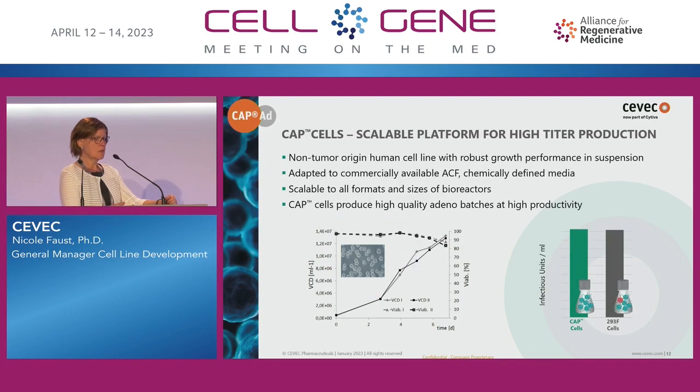So when we compare it, for example, to 293F cells, just infecting the CAP cells or the 293F cells with an adenoviral vector, we end up with the same yields and the same amount of transducing units from these cells. This system is also based on suspension cells, serum-free, chemically defined, fully documented cell lines with a DMF filed with the FDA.